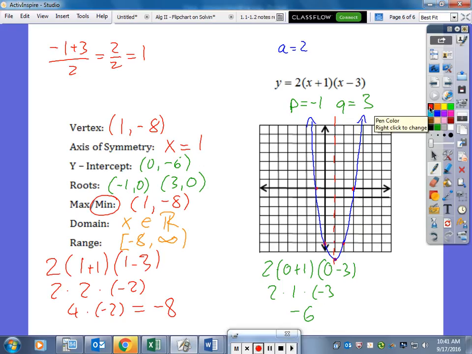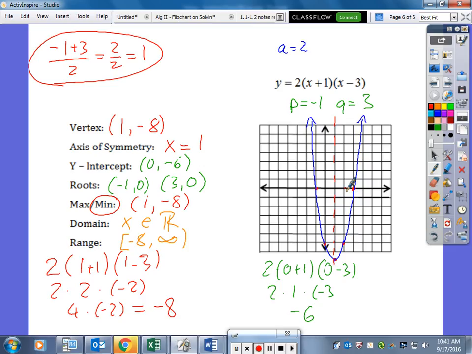One last thought about the way we find the vertex with intercept form. Look at your formula for the x-coordinate. You're using p and q and you're adding them and then dividing by 2. Essentially, you're taking the average because you are finding the midpoint, remember midpoint from geometry, between those two roots, those two x-intercepts.